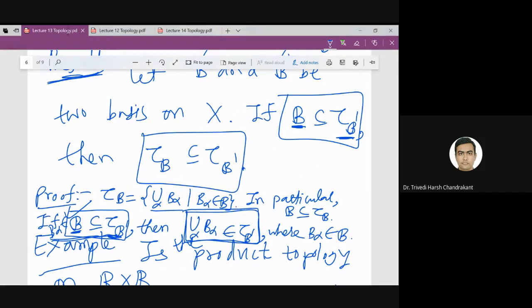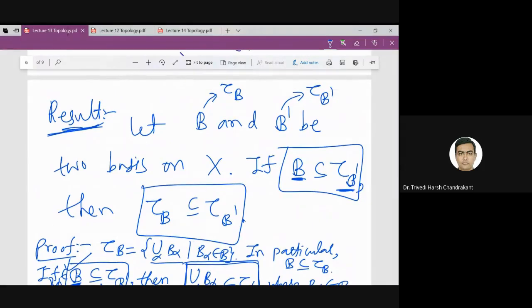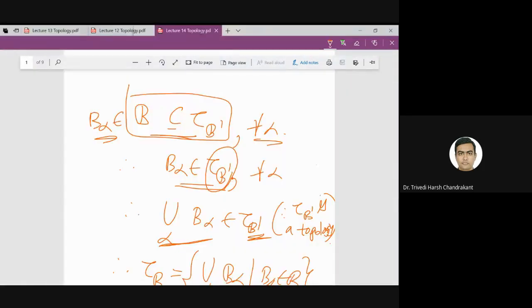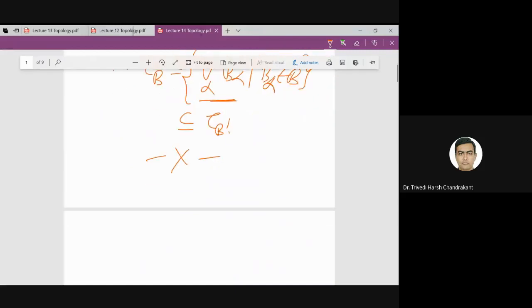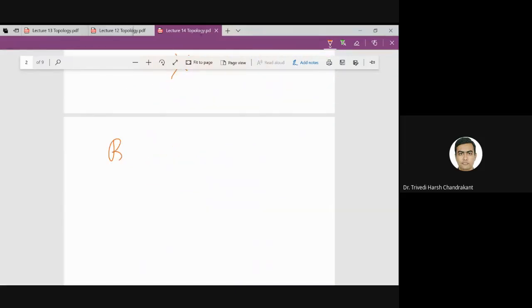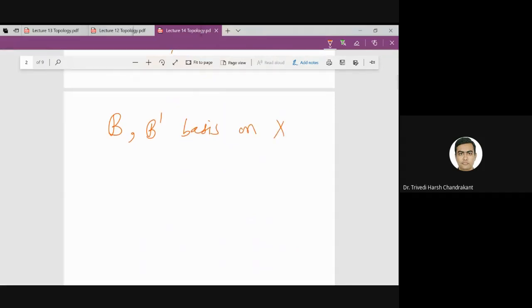So once again, what is the result? The result is that if I have B and B dash, which are bases on X, and if one basis is contained in the topology generated by the other basis, then the topology generated by this basis is contained in tau B dash.